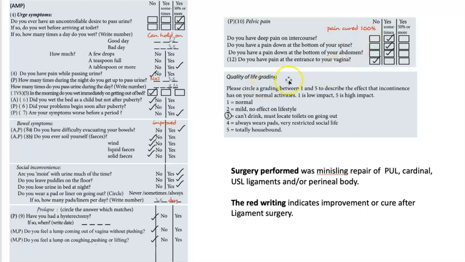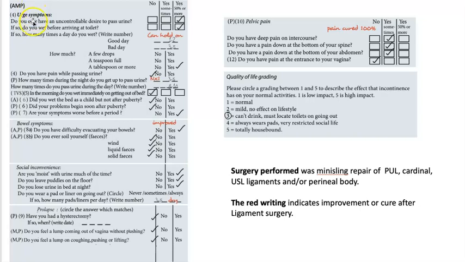And here's a quality of life grading. It's a very simple quality of life grading. Now, recapitulating, the surgery performed was mini-sling repair of pubourethral and cardinal, and the red writing indicates improvement or cure after the surgery.